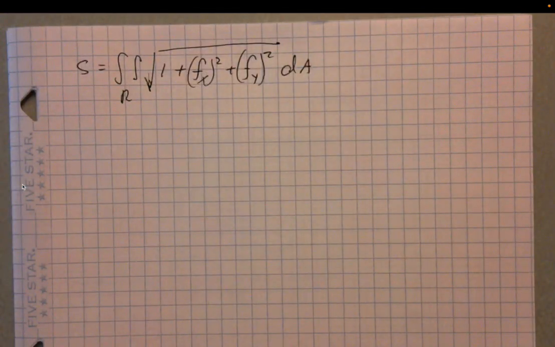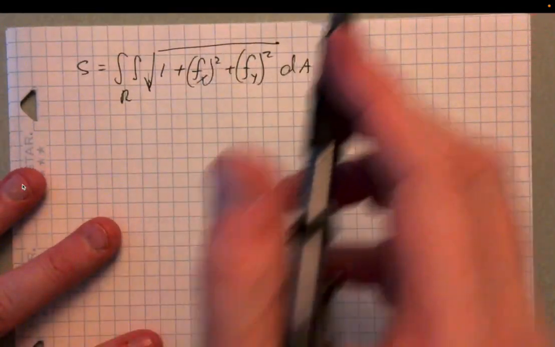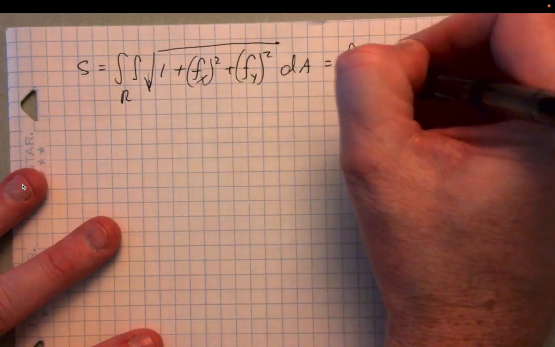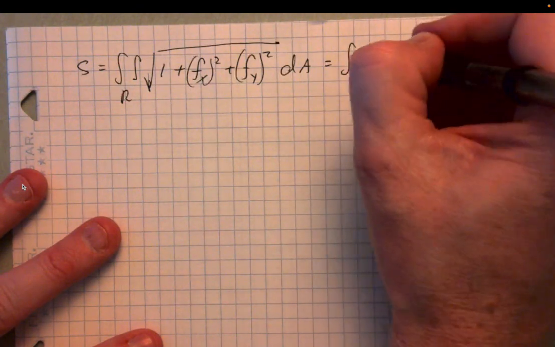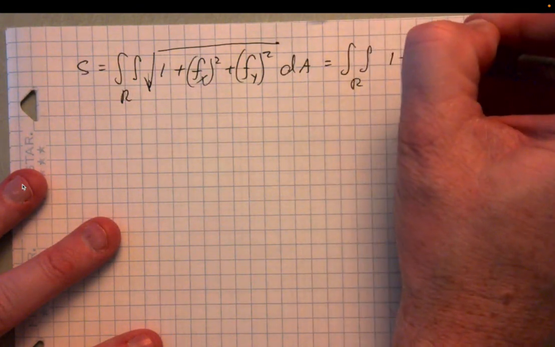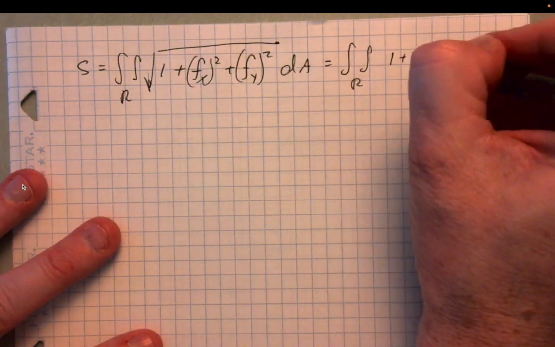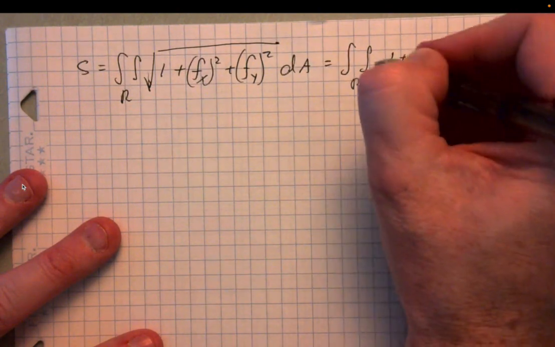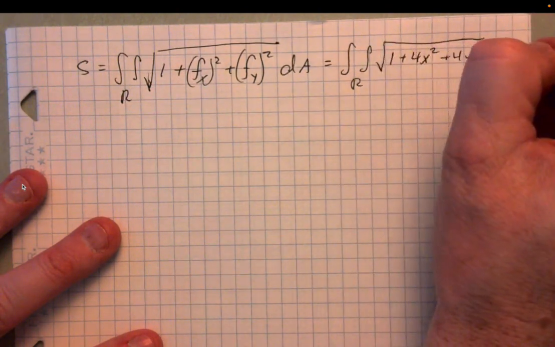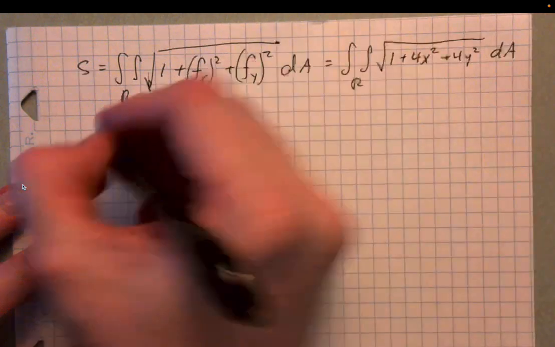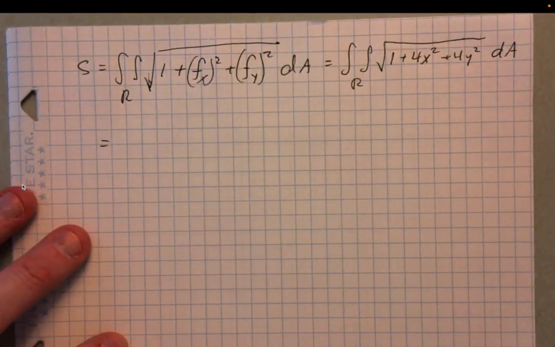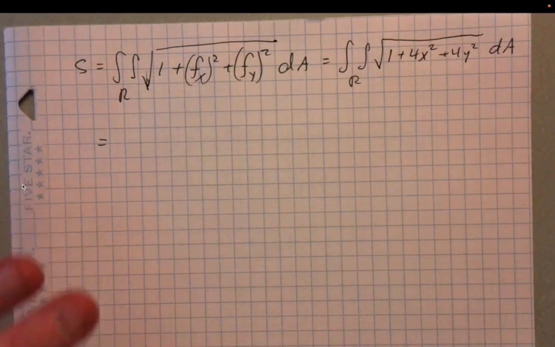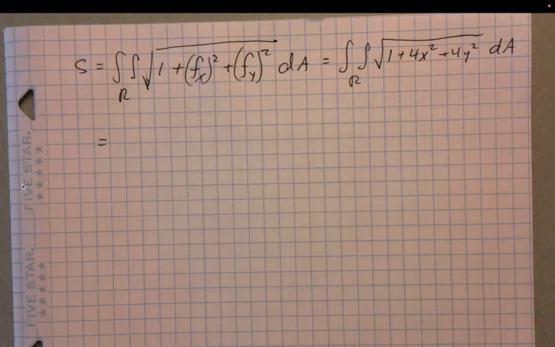dA. And so we can just plug everything in here, right? In this case, we'll go with just plugging in the function first. So this is 1 plus 4x squared plus 4y squared dA. Okay, and then we can convert this to polar form, right?